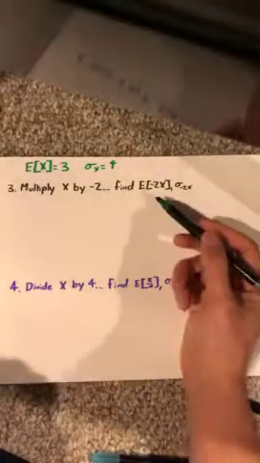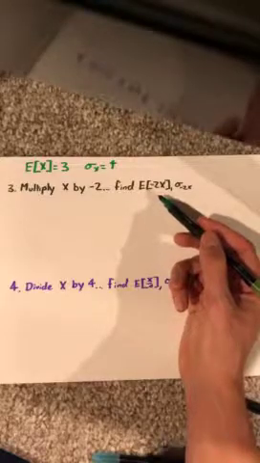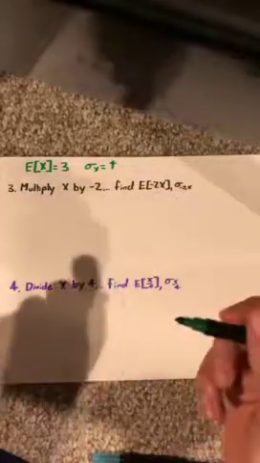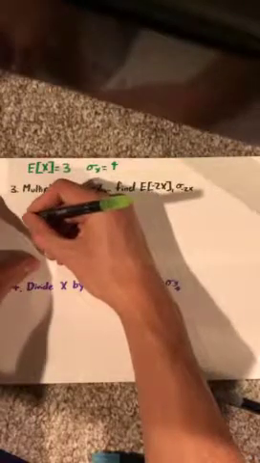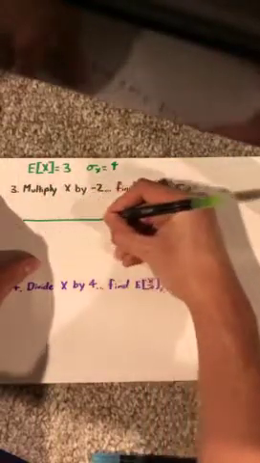So first we want to find the expected value of -2x. A little visual here for you guys. Again, I'm going to draw a little distribution here.